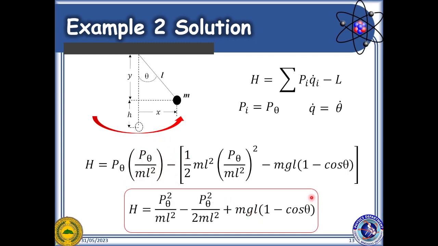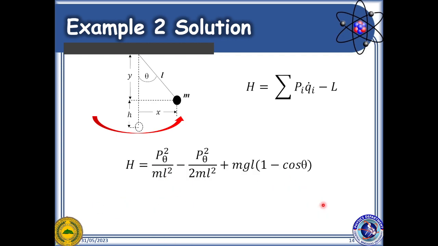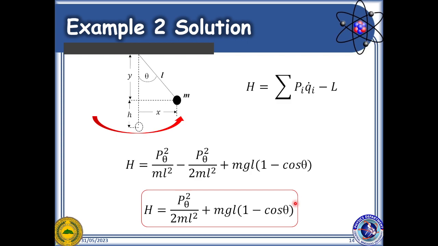We obtain this equation, and simplifying further, we finally get the Hamiltonian formalism, that is p theta squared over 2 m L squared plus m g L times the quantity 1 minus cosine theta.